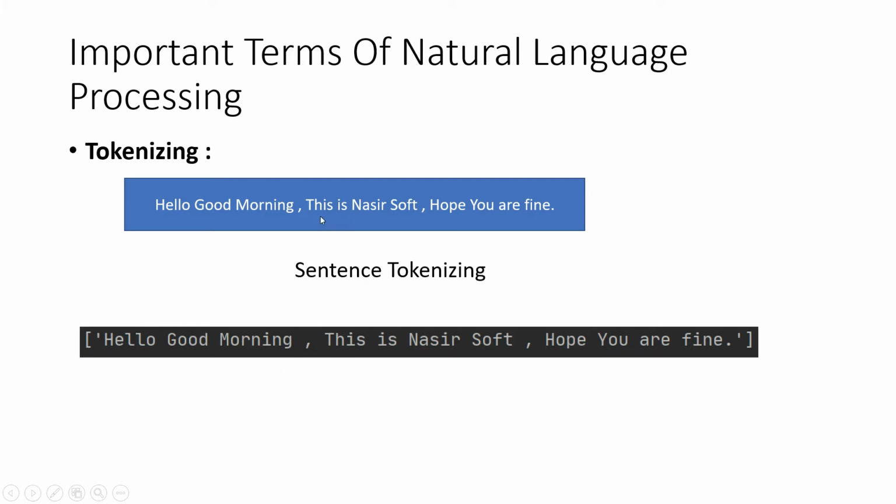Then this is Nasir Soft is another token, and hope you are fine is another token. So this is how we can apply tokenization in nltk. The method used is sent_tokenize, which tokenizes sentence-wise. I will show it to you later.